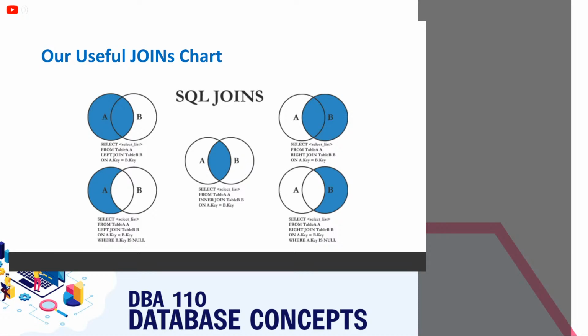The thing that is the most useful to us is the inner join, which is just the overlapping material from both tables A and B. Which means if it doesn't overlap between the two tables, it is discarded.